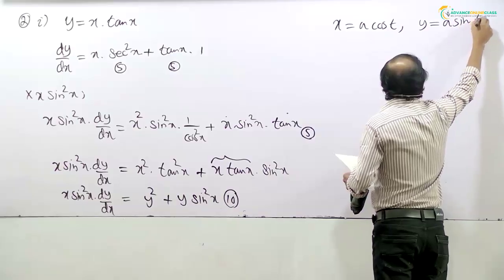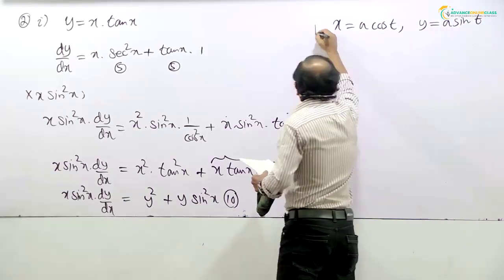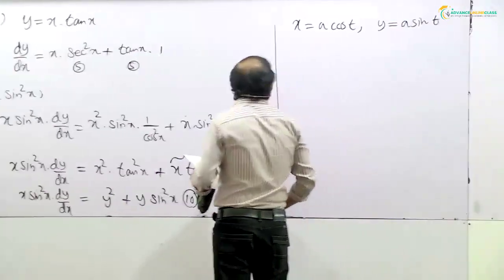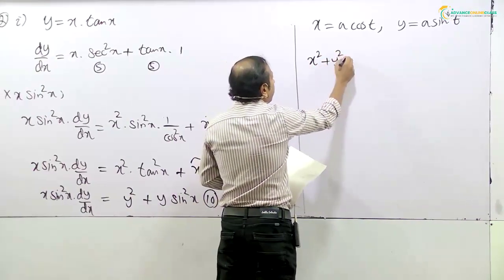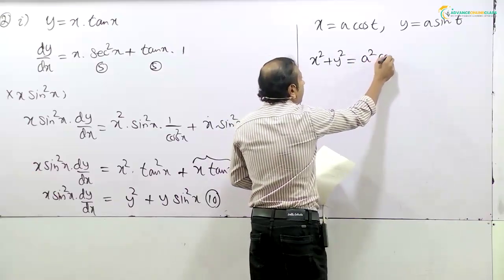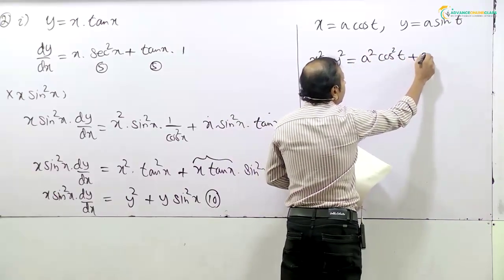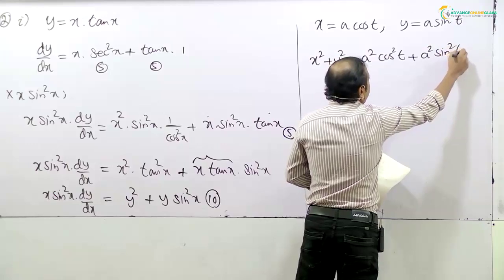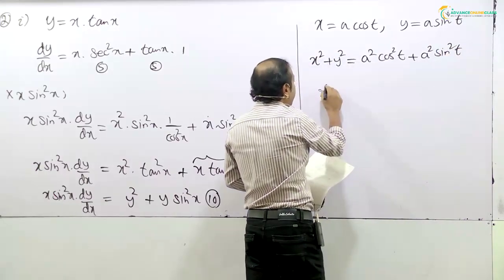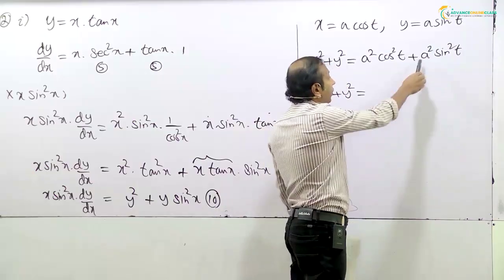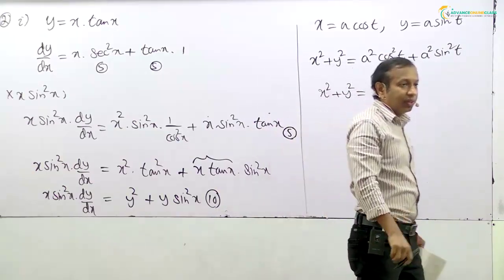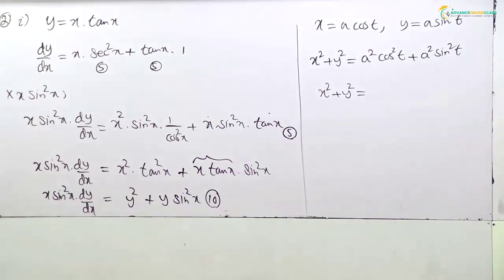I take something like this: x squared plus y squared, a squared cos squared t plus a squared sin squared t. What is this right hand side? You take a squared out, within the bracket we have cos squared t plus sin squared t, that's 1. Then x squared plus y squared equals a squared.